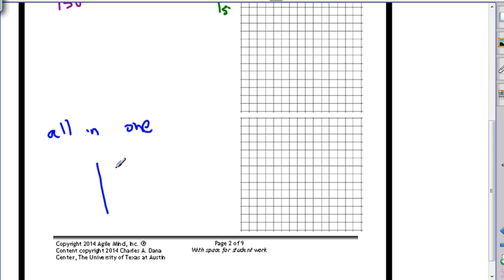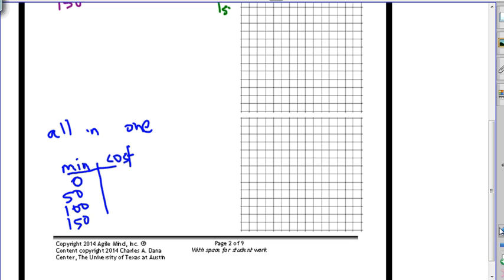It's going to be minutes and cost, okay? So for the minutes, you're going to have 0, 50, 100, and 150.